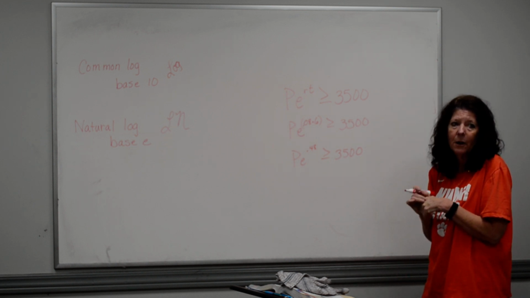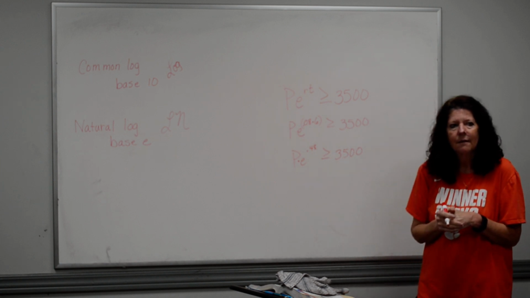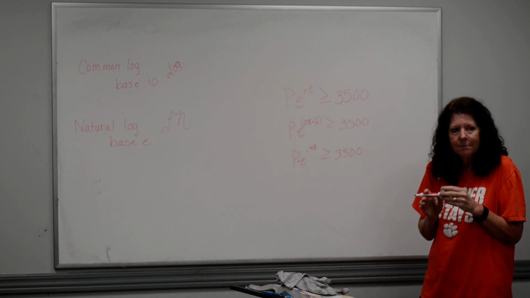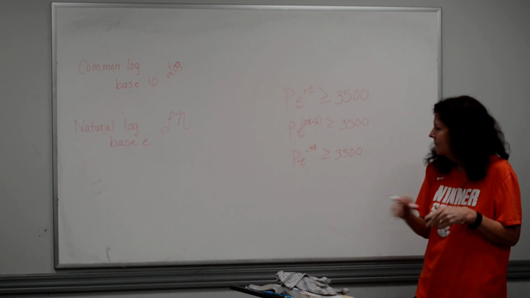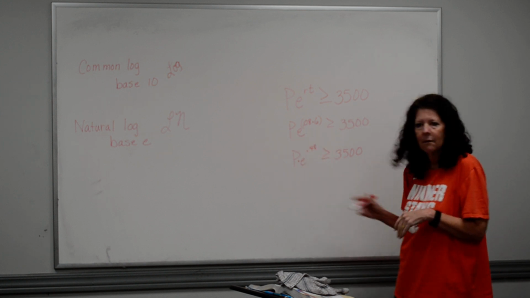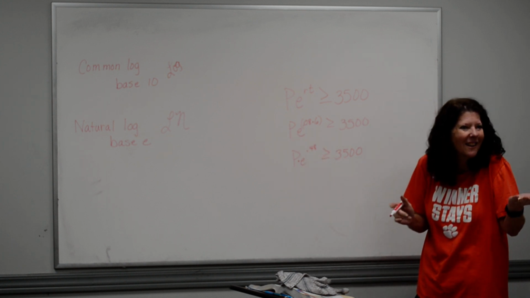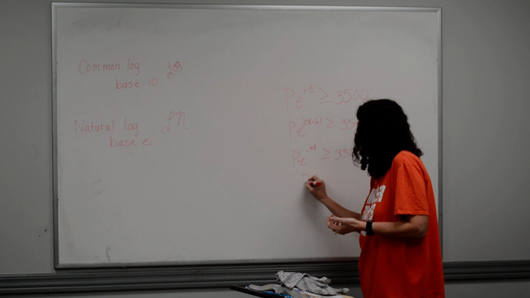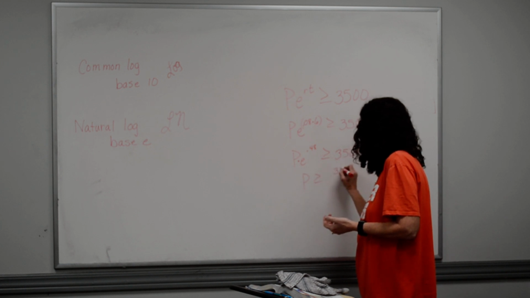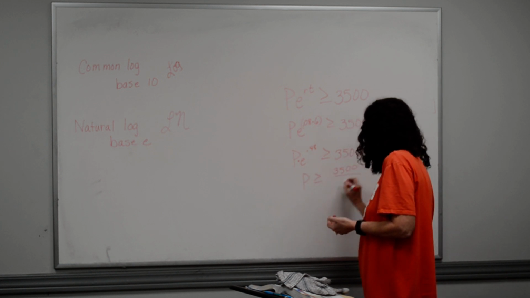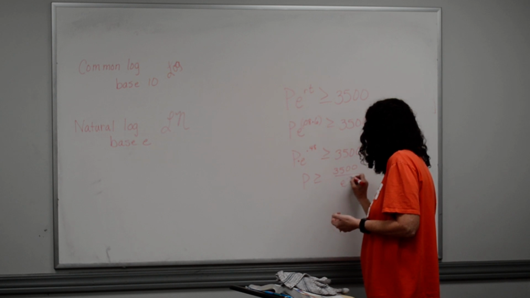If I want to know what the principal is that I have to invest, how do I find it? How do I take this to the other side? Divide. So literally I can go 3,500 divided by e raised to the 0.48 power.